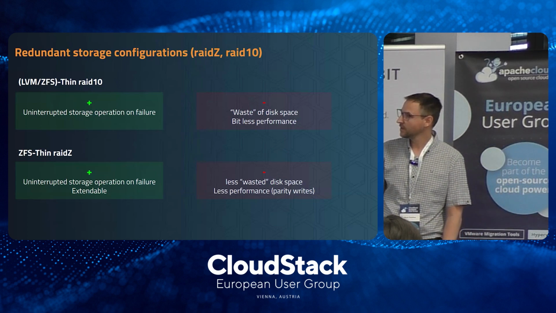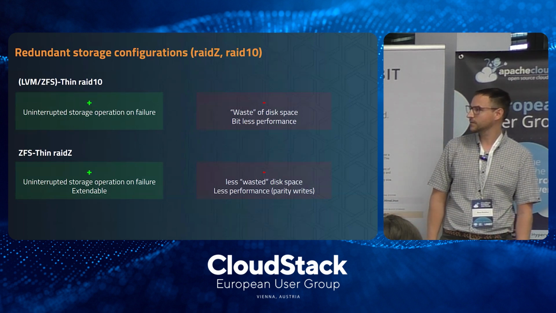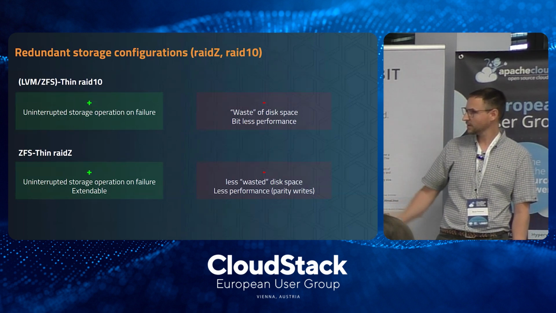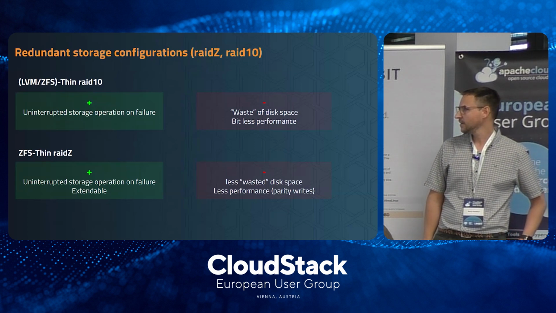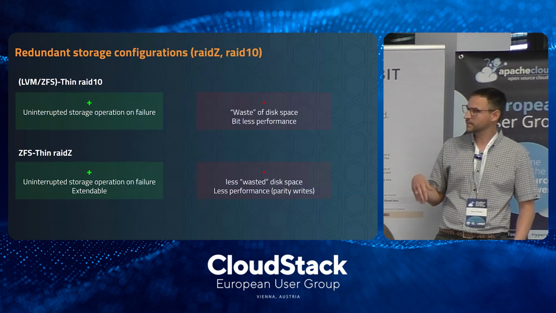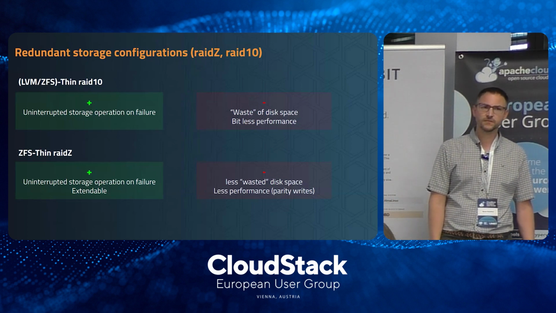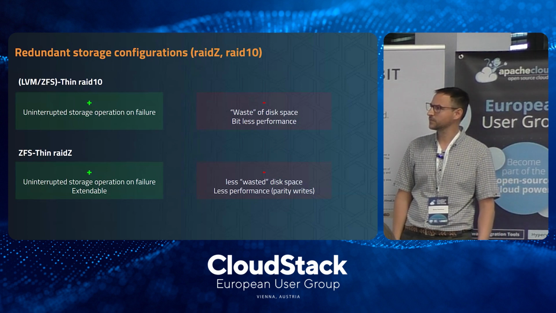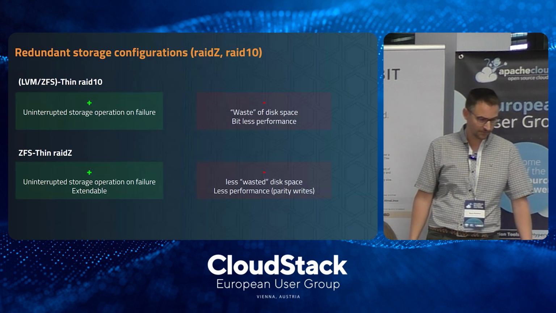recopying is done. And then there is RAID Z for ZFS. As I said before, you will have less performance because of the parity writes, but there is less wasted space, and it's extendable now with the latest ZFS versions, so you can add disks to the RAID Z now if you think you need more space after some time.